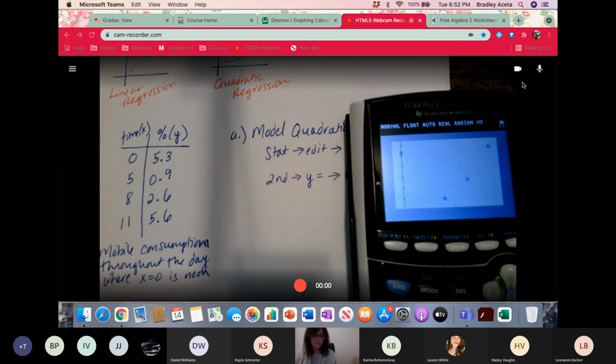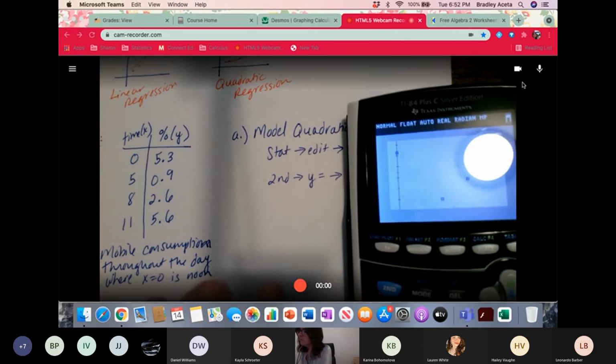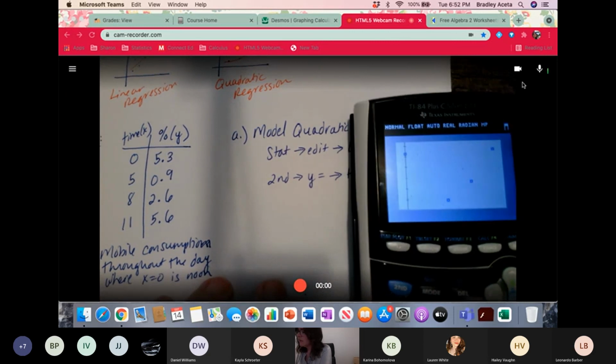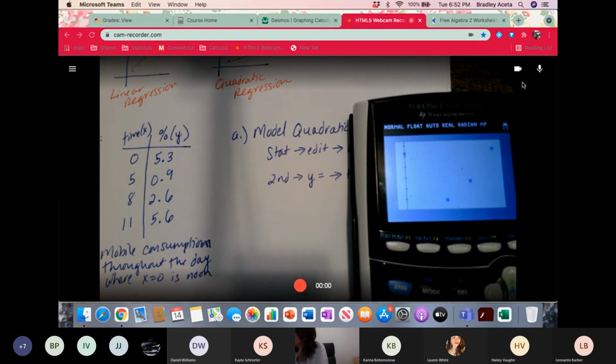Now, looks like there's a random dot up here. Hopefully I typed in the correct one. Let me check my stat again. 0, 5, 8, 11, 5.3, 0.9, 2.6, 5.6, yeah. Okay, so it kind of looks like it's curving a little bit, if you can notice it.